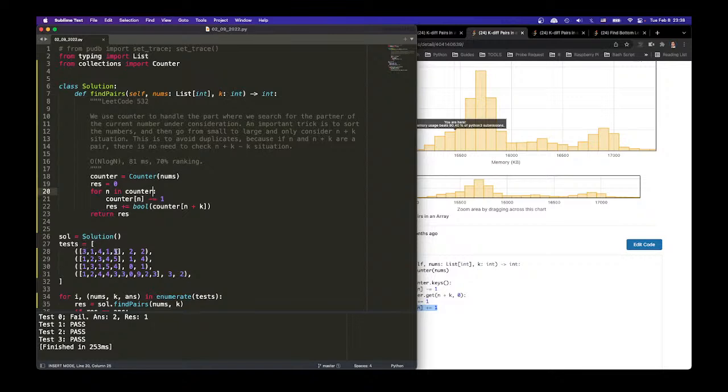Now, 3 plus 2, I have it. And then, I see it. Like in this case, I have to sort, but yeah, the original solution was pretty good. This is not as good.